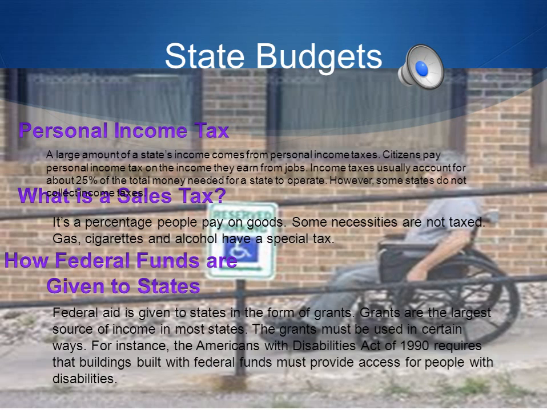What is a personal income tax? Well, I think if you've been working, you've had money taken out of your paycheck, and so income taxes usually account for about 25% of the total money needed for a state. And believe it or not, some states do not collect income taxes. And then a sales tax is a source of income, and usually it's on goods that people buy.